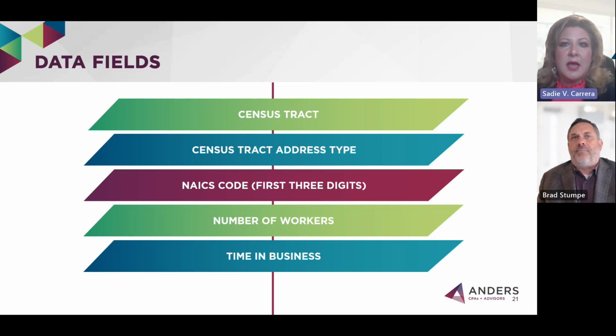They also want to know time in business. Time in business is going to be reported in whole years, rounded down to the number of whole years. And again, it gives us some leeway on what and how we're going to collect that information. If you collect the number of years the applicant has existed, then you report that information.